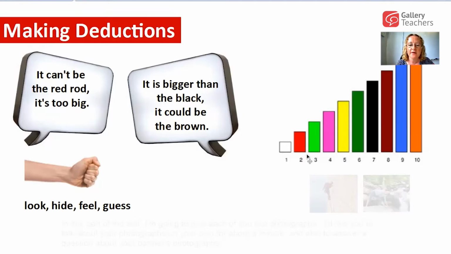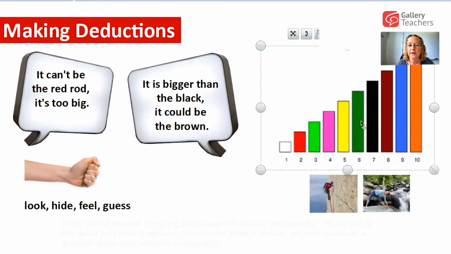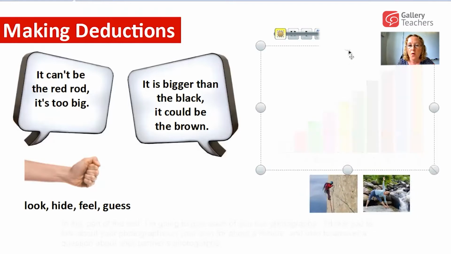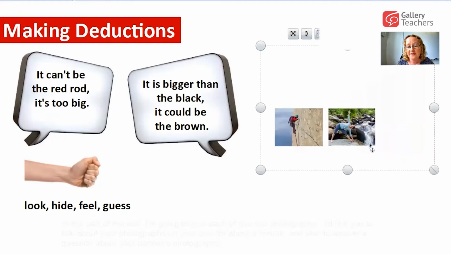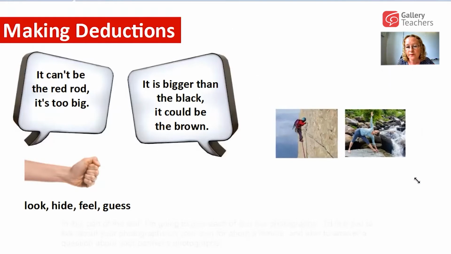Now, taking this further, think about how all of this modal stuff could be great exam practice. Many of you may have worked with candidates that are doing First Certificate or CAE, Cambridge Advanced English, where you get two pictures that you need to compare, such as these two.